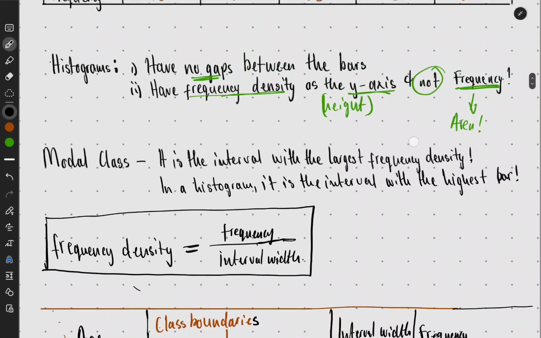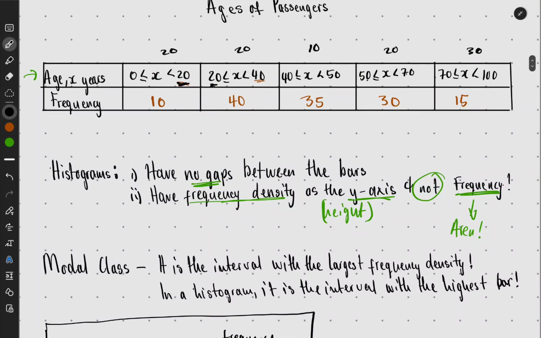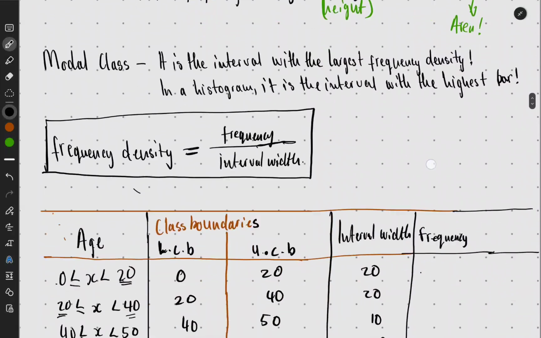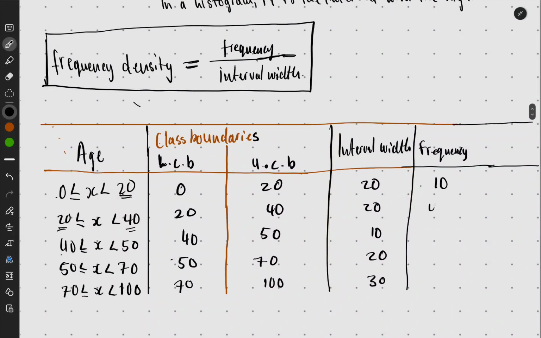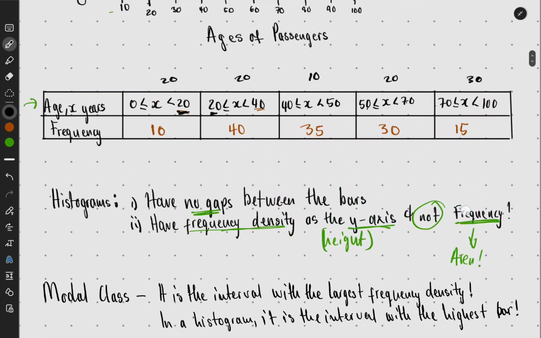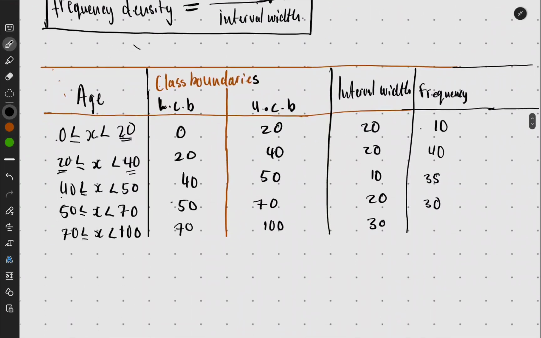Then here we have our frequency now. What is our frequency? We're going to take from the table: 10, 40, 35, 30, and then 15. Then we can now say our frequency density. What is our frequency density going to be? Remember, it's frequency over class width.